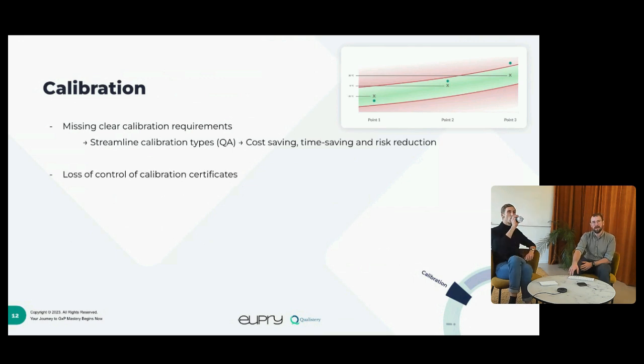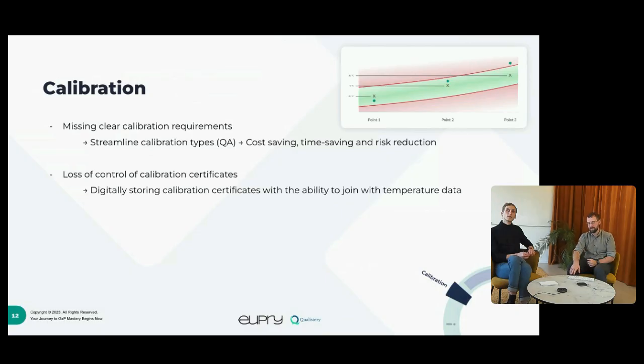Absolutely. Moving on, one of the things we often see in terms of automating or at least streamlining processes is a loss of control over where calibration certificates are. Have they been reviewed? Have they been stored correctly so that we have retention?